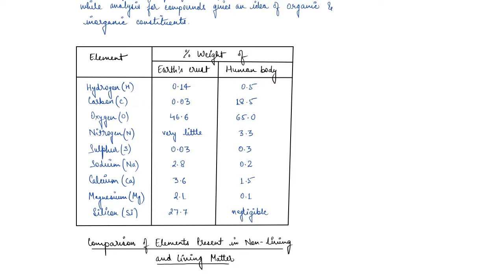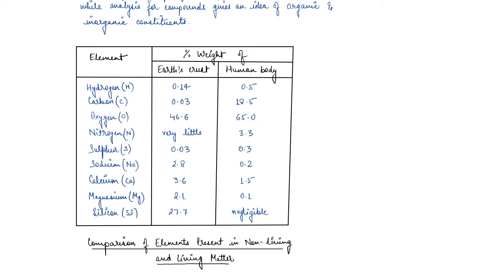Carbon is 0.03 in Earth's crust, and in the human body it's 18.5. Oxygen is 46.6 in Earth's crust and 65% in the human body. Nitrogen is negligible in Earth's crust and 3.3% in the human body.